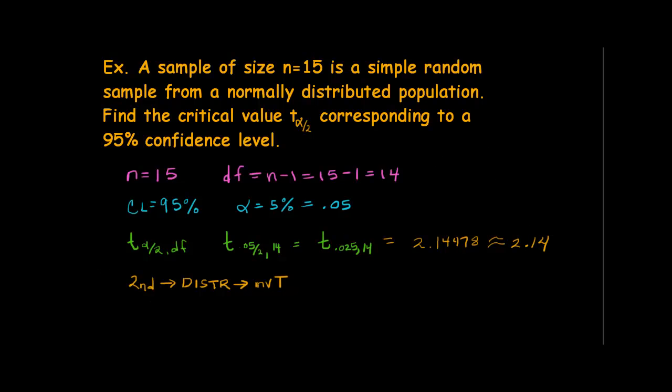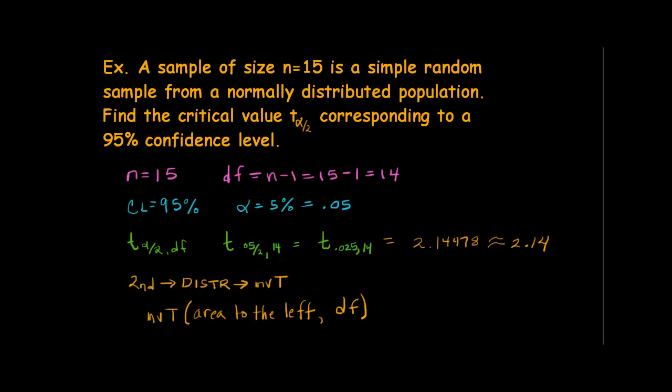Okay, so recall what we're entering in inverse t. When it says area, it wants area to the left, and what we understand about critical values is this number right here is area to the right, so we had to enter 1 minus. So I'm going to write this down, and then degrees of freedom.